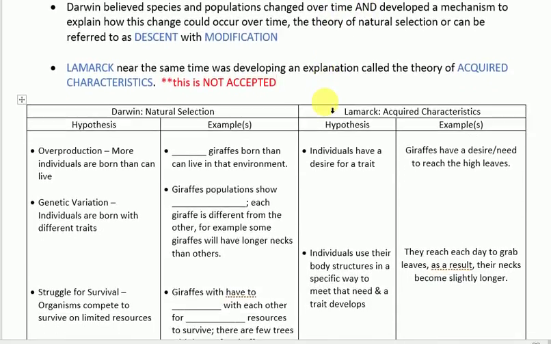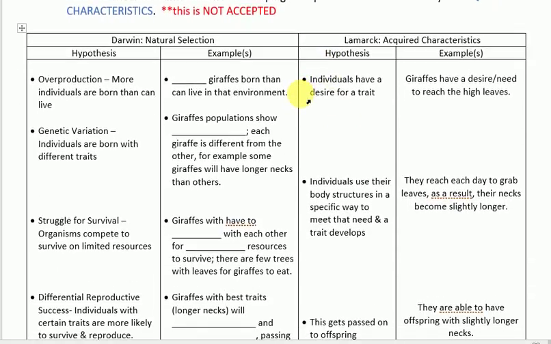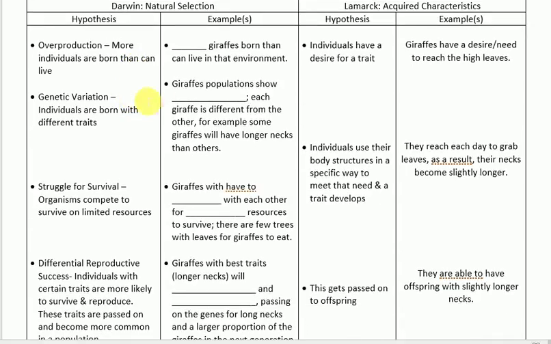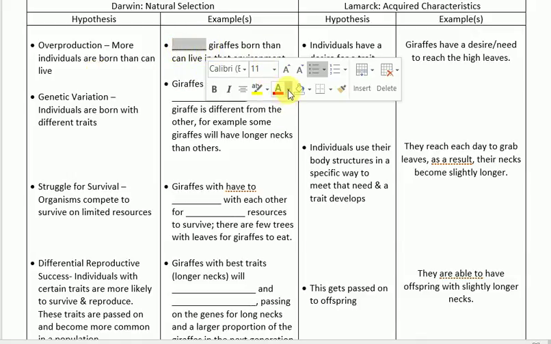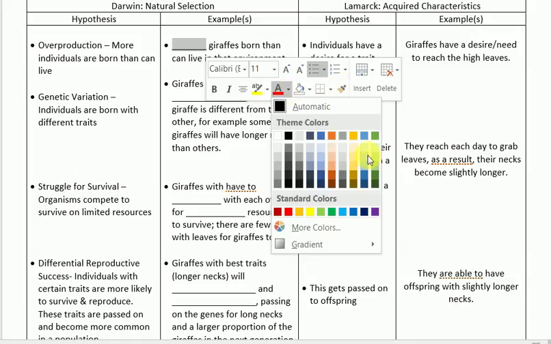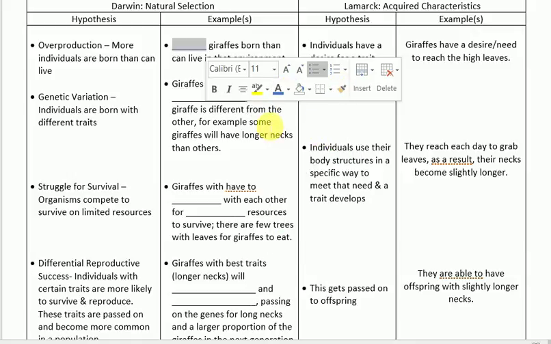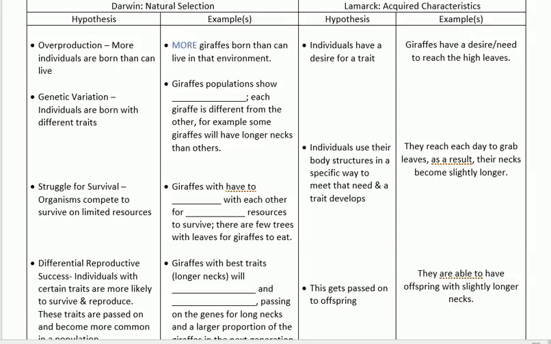Okay, so let's compare the two just so that you completely understand what we're looking at here. So Darwin, basically, he had his hypothesis that overproduction is that more individuals are born than can live. His example would be more giraffes are born than can live in the environment. So that makes sense, right?